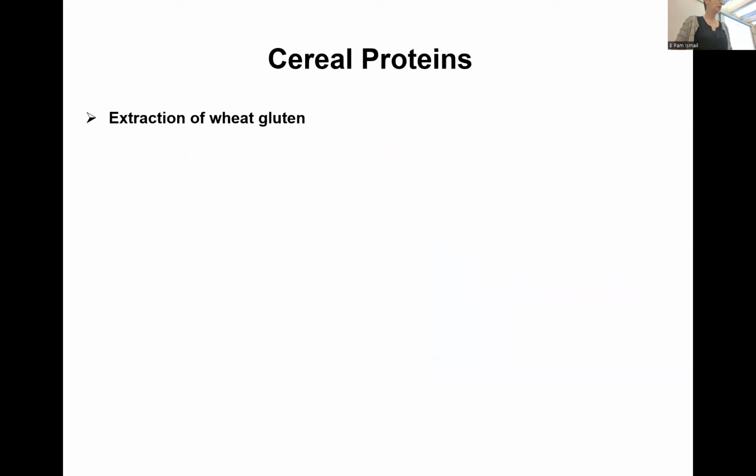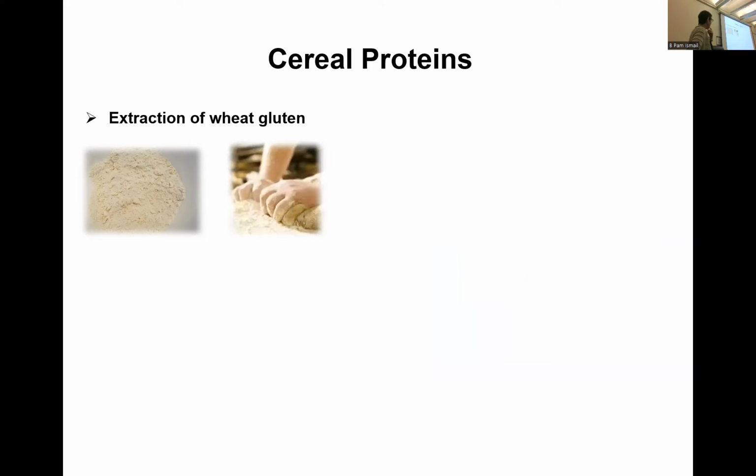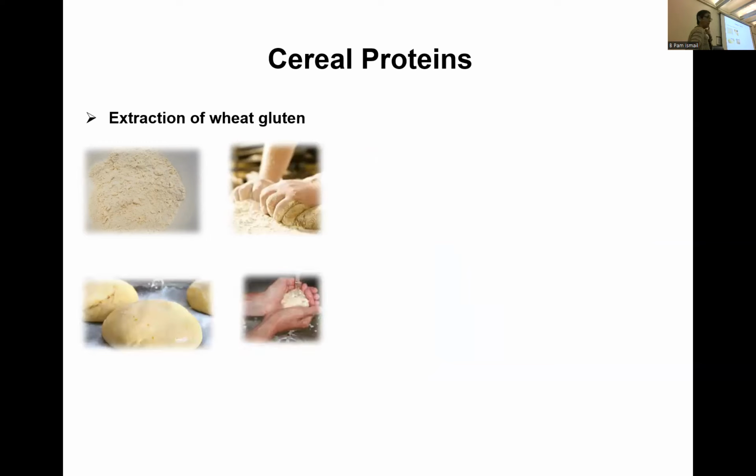Extraction of wheat gluten. There is a traditional way of extracting gluten from flour: take the flour, make a dough, and wash the dough under water. Actually, this person is doing it wrong, or illustrating it wrong. If you just put the dough under water, it will fall apart.